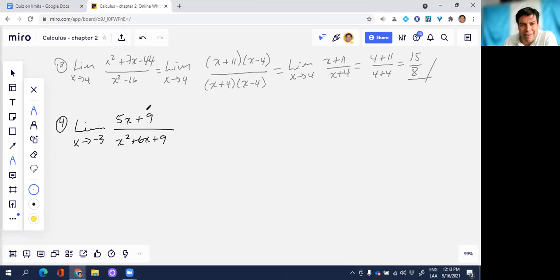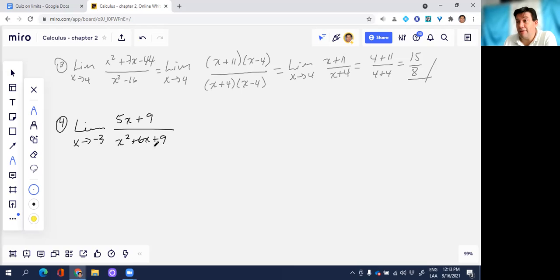If I substitute, I definitely do not get 0 in the numerator. That's -15 plus 9, that's -6. And in the denominator, if I substitute, I get positive 9 minus 18, 6 times -3 is 18, plus 9. So I get 0. So it's a number over 0.